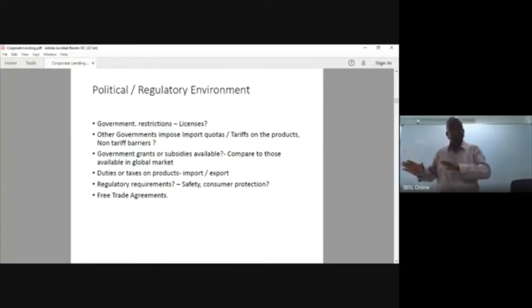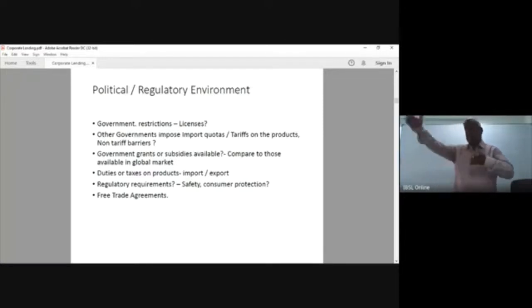Apart from that, there are free trade agreements between governments. Our government has many free trade agreements with the SAARC countries, with India, with Pakistan, with the other SAARC countries. Our country has trade agreements for import as well as export. For certain imports, we will consider duty-free, tax-free, or lesser taxes, lesser duties.